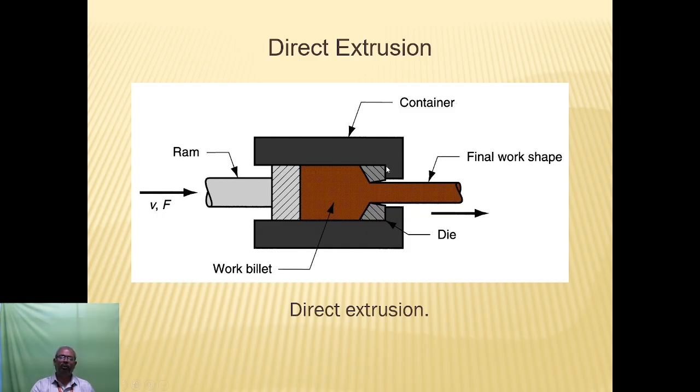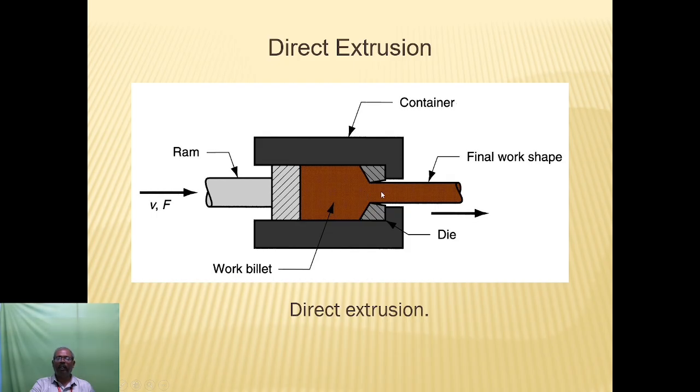First we have to keep the workpiece inside the container. Then we apply the pressure by using the ram on the workpiece, so that using this force, the workpiece will flow through this die opening.